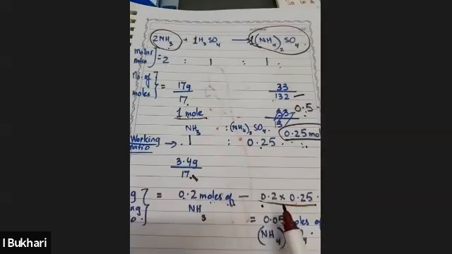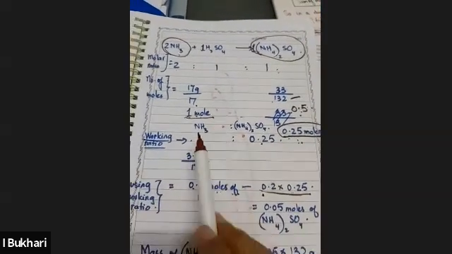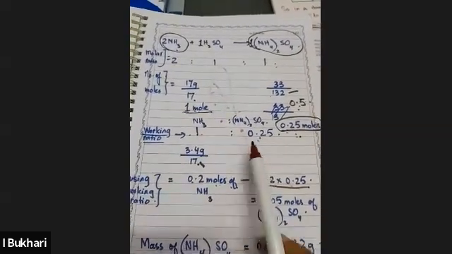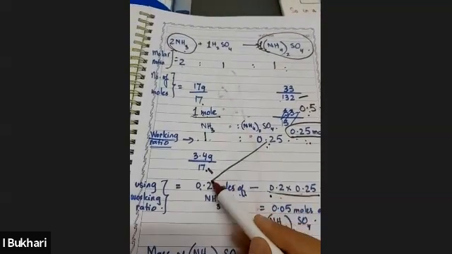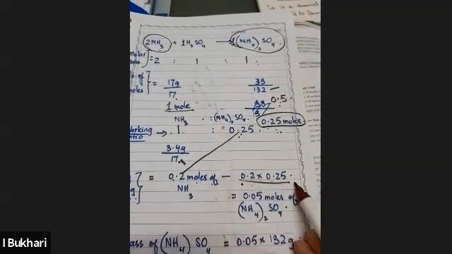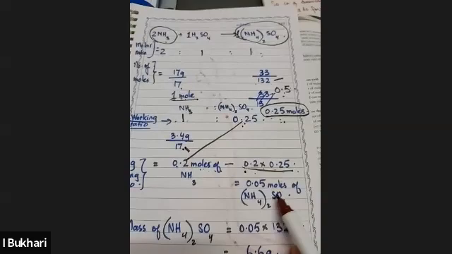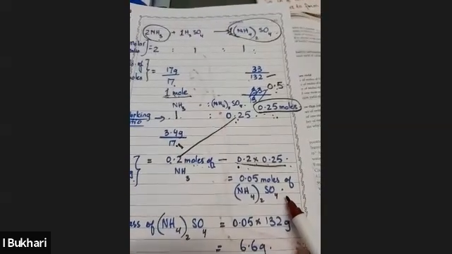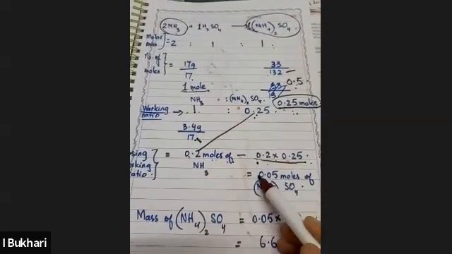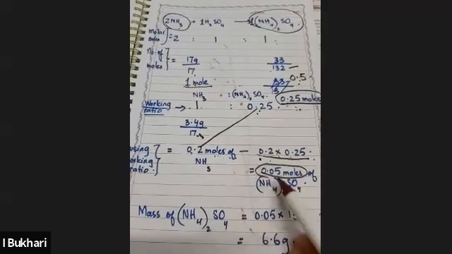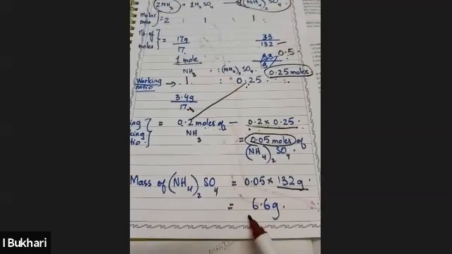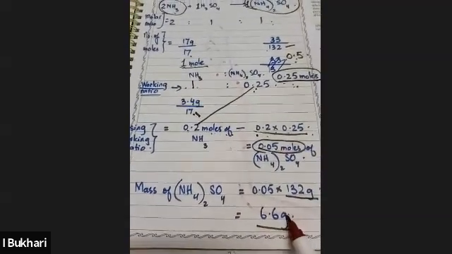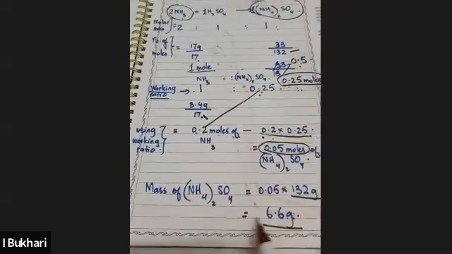Okay, so if 1 mole is giving me 0.25, then 0.2 moles would give me, so I'm cross multiplying 0.2 by 0.25, and that many moles of ammonium sulfate. So once you have the number of moles, you can simply multiply that by the molar mass to get 6.6 grams, which is the answer for the mass of ammonium sulfate.